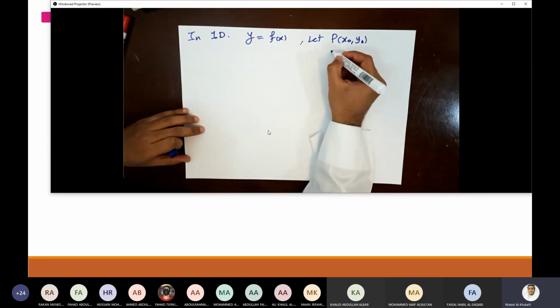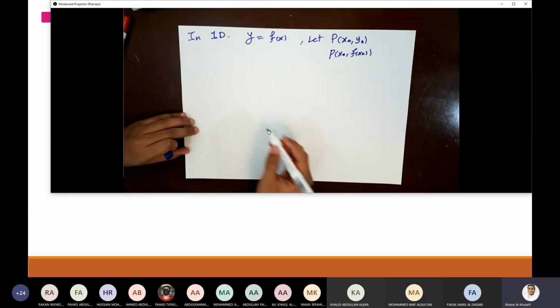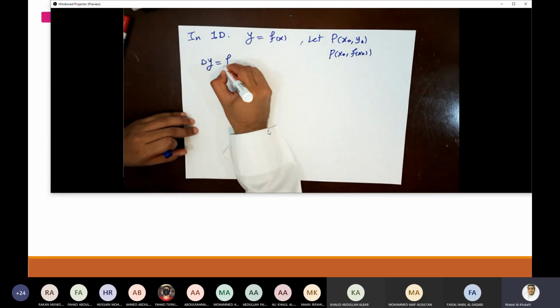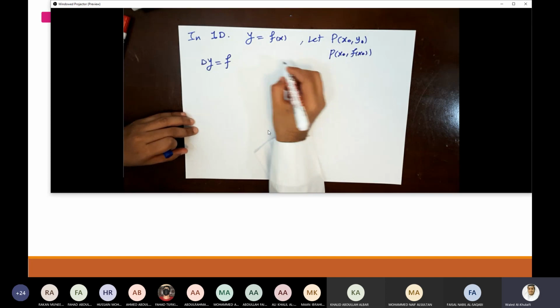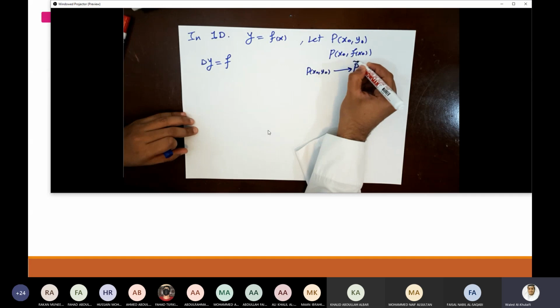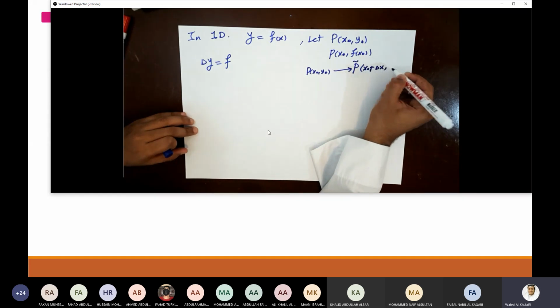So P is x0, y0, on the graph of f of x, right? We have it this way here. Remember, delta y: assume you have the point x0, y0 and you move to another point, let's call it x0 plus delta x.